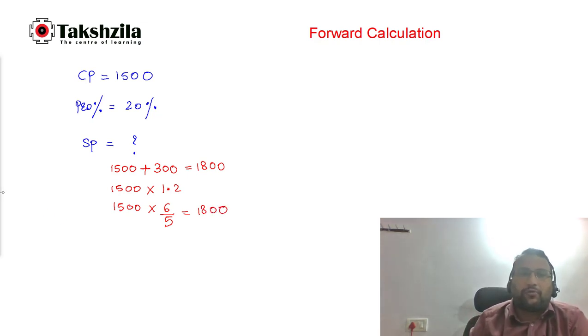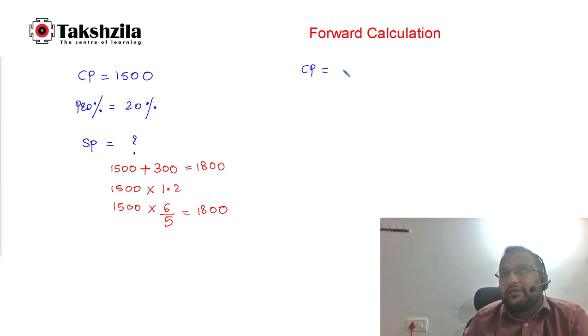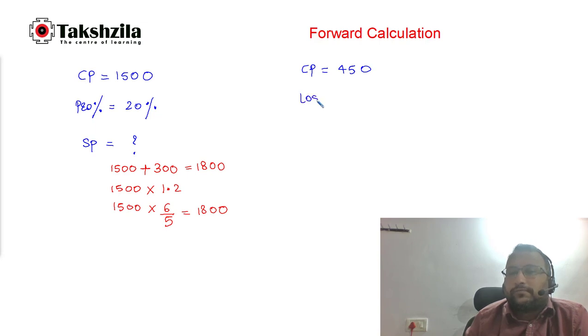Let's have a look at one more example. Let's say the cost price of an article is 450 rupees and the loss incurred is 22.22%. So we need to find the selling price.